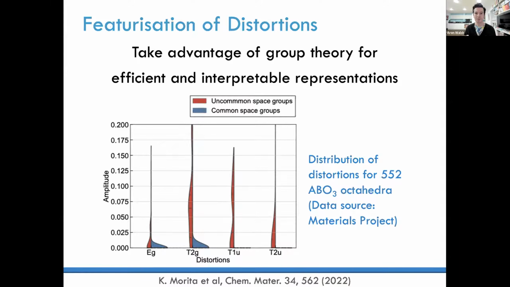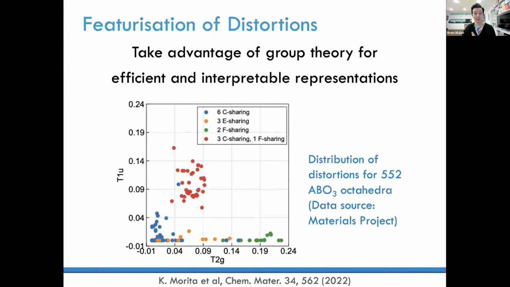It could be rock salt, it could be a cubic perovskite. Then you have no distortions. But there are a number of structure types and materials that exhibit large distortions over quite a large range. So this was quite cool, that we could see that a series of distortions were present. And digging a little bit further, Kazuki found that distortions classified very nicely according to the connectivity between octahedra.